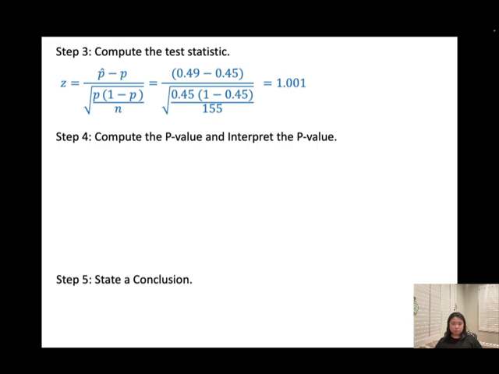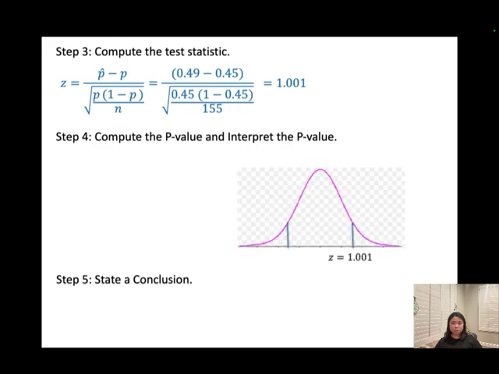And then we do have a two-tailed test. Okay, 1.001 will be on your right tail. The p-value will be the area of your left tail plus your right tail. Right now we have the test statistic, so we use it to figure out the right tail area, and then multiply by 2.